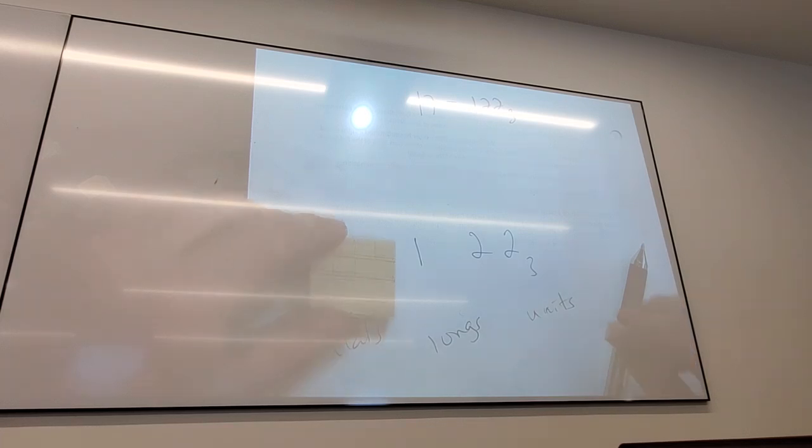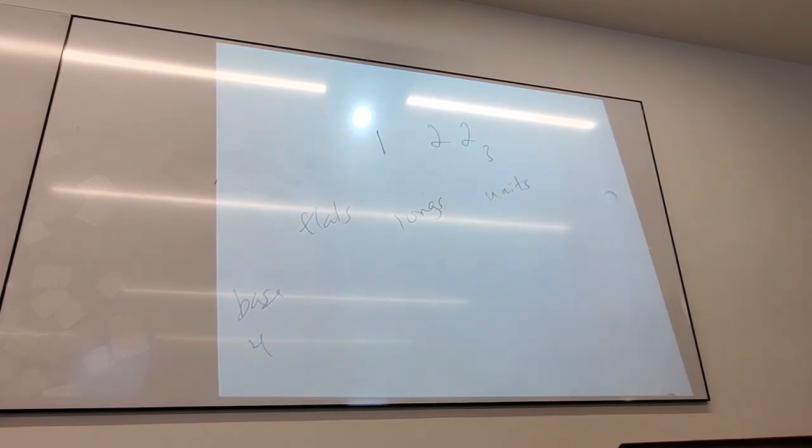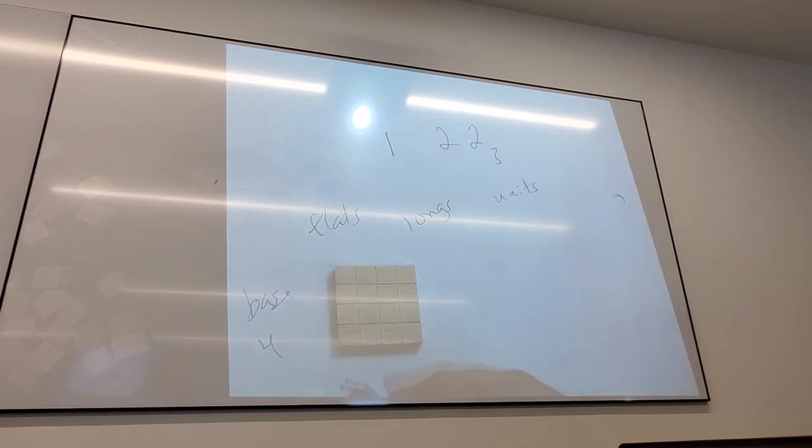What do you guys get? So if I do base 4, and I start with 17 little units, how many of them can you put together to make one of these? How many is this? 16. So how many longs do you need then?